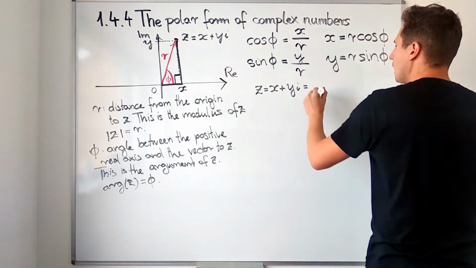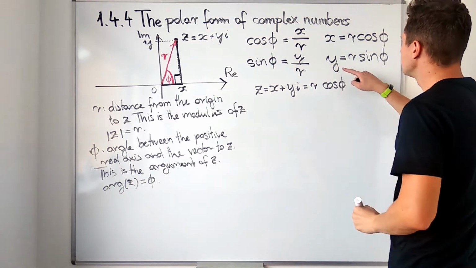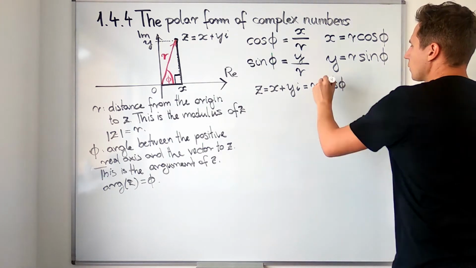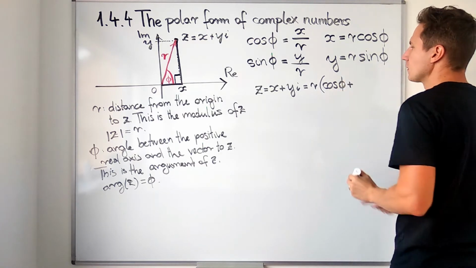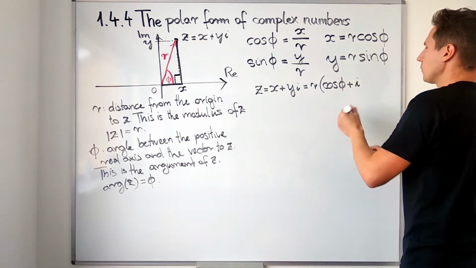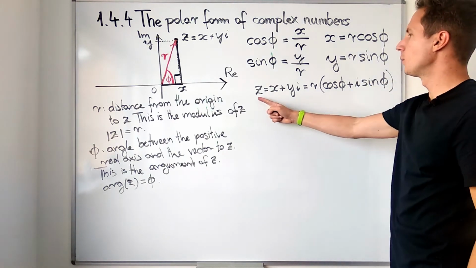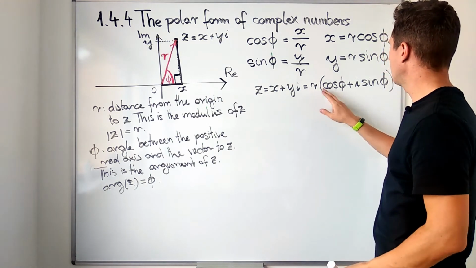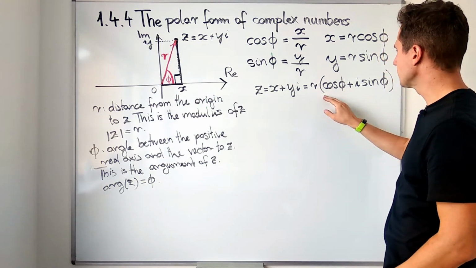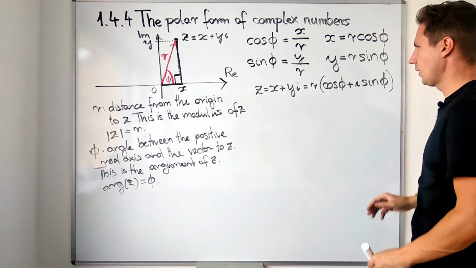Well, x is r times the cosine of phi, and y is r times the sine of phi. Let's just pull that r in front and write i times the sine of phi. This way we have expressed our complex number using this new pair of coordinates r and phi as r times the cosine of phi plus i times the sine of phi.